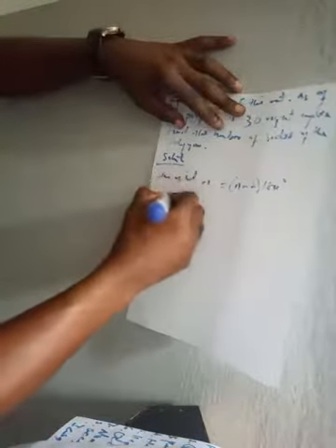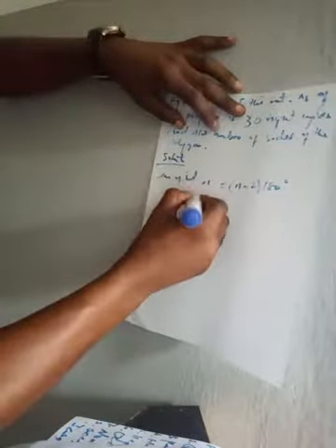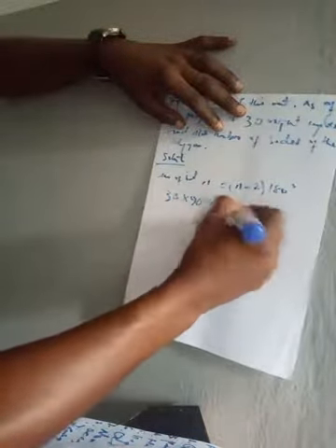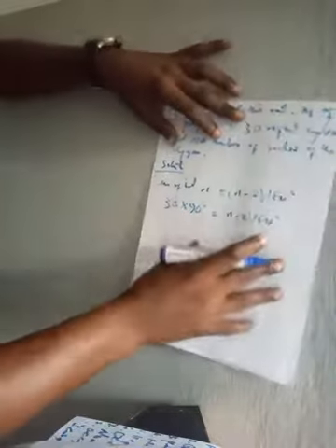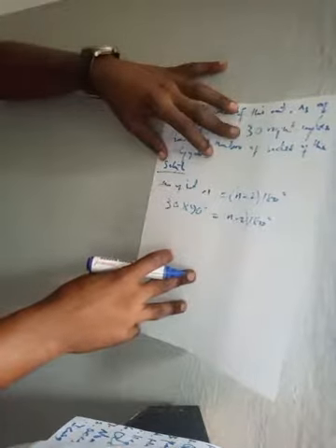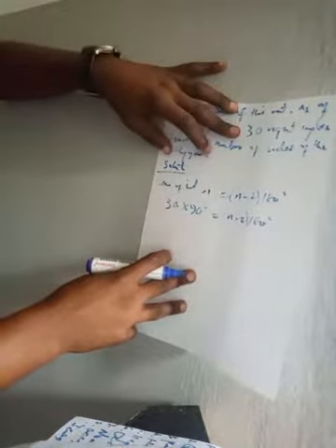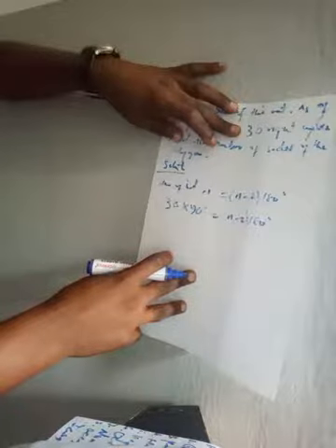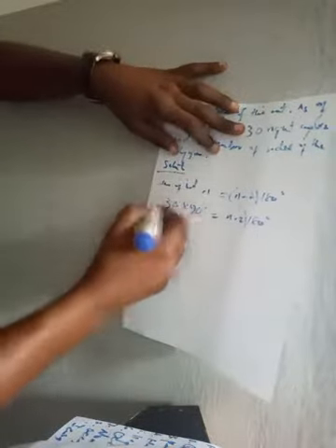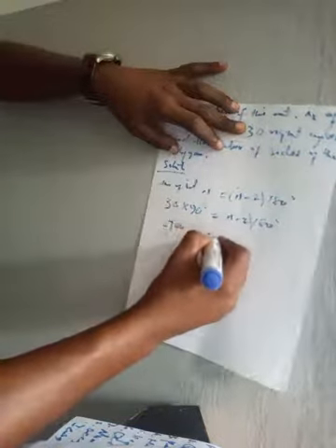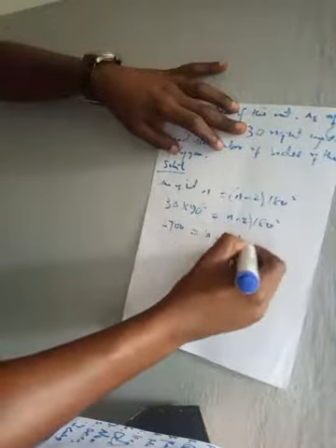So 30 times 90, which is 30 right angles, is equal to n minus 2 times 180 degrees. And 30 multiplied by 90 will give us 2,700. Yes, so we have 2,700 is equal to n minus 2 times 180 degrees.